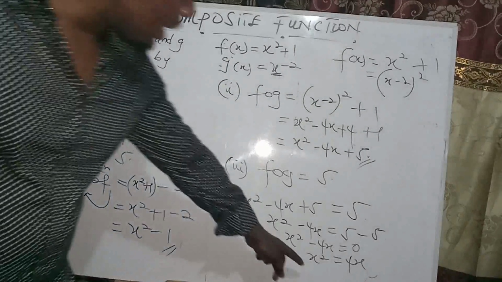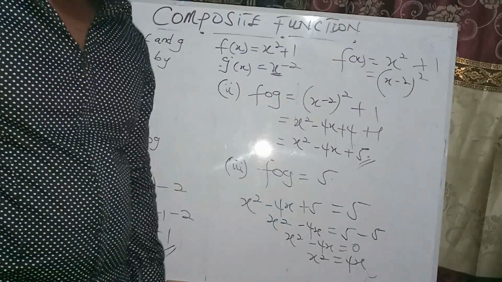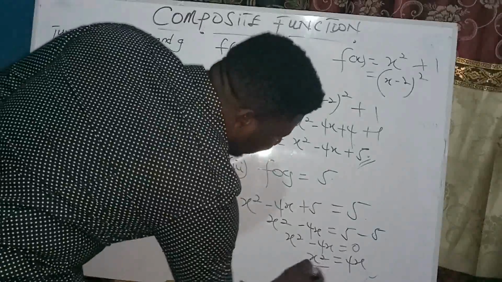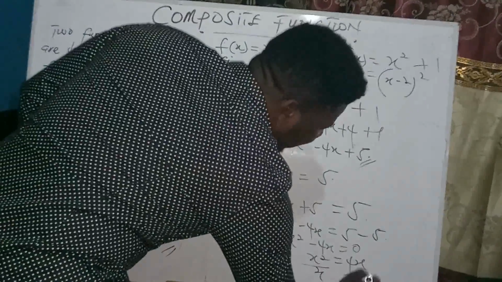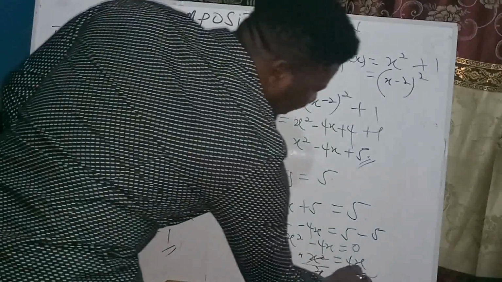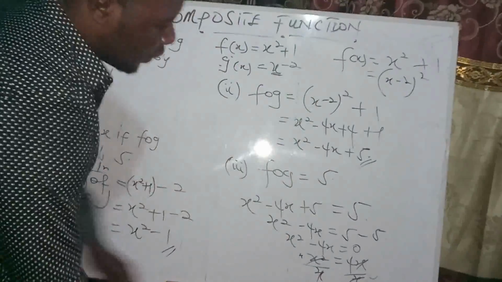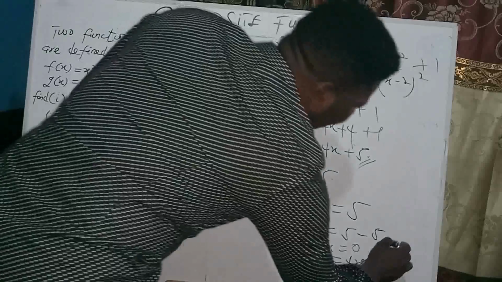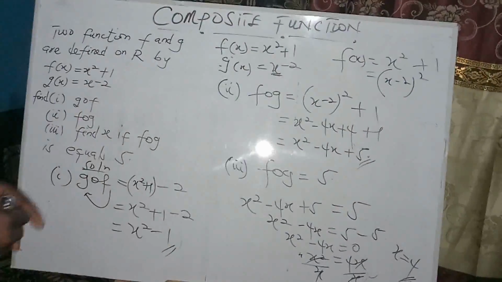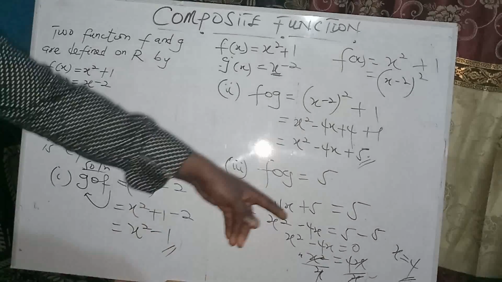At this side, we can divide through by x. So x cancels x squared, we get x, and then 4. So from here we can see that x is equal to 4.